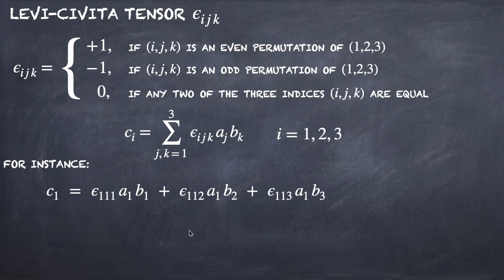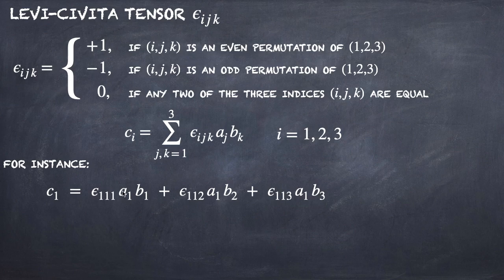Okay, for instance, let's consider the example that I was starting to describe, i equal to 1. So C1, we know that we are going to have 9 terms. The first 3 terms will be epsilon 1 in all cases, and J is going to be 1, 1, 1, and the K is going to be 1, 2, and 3.